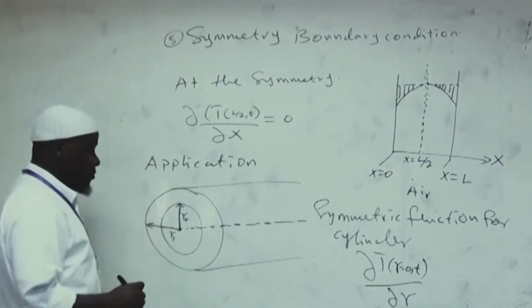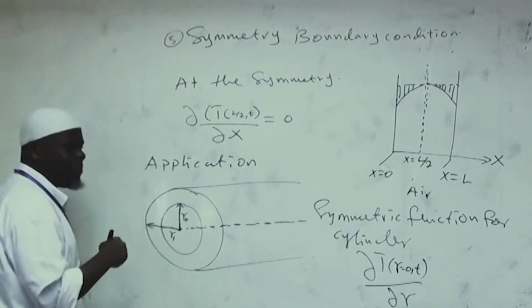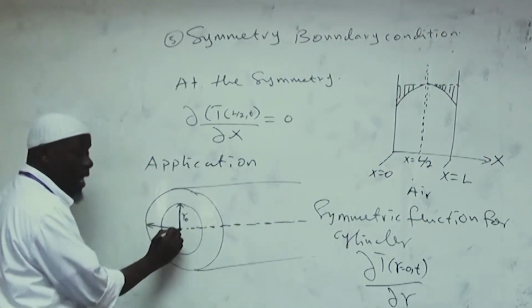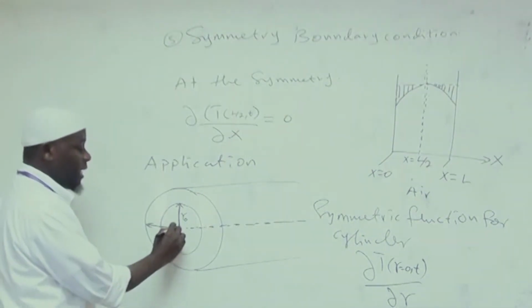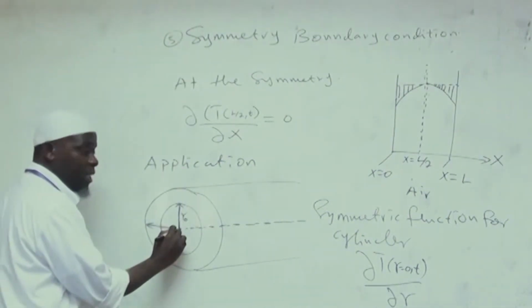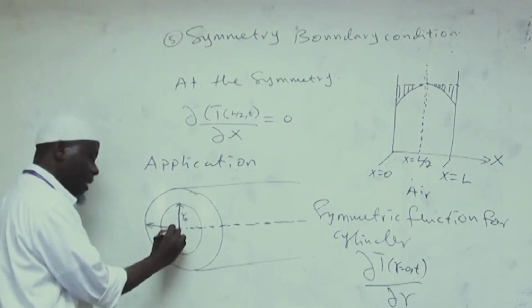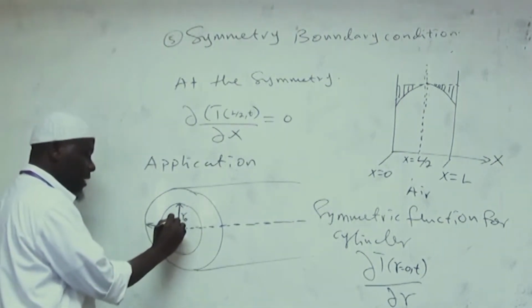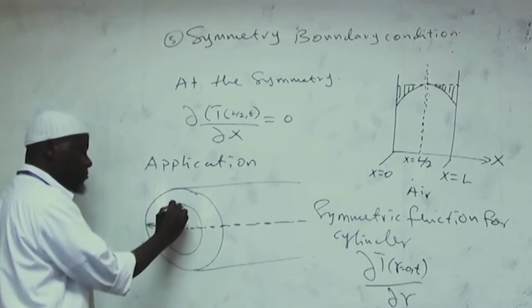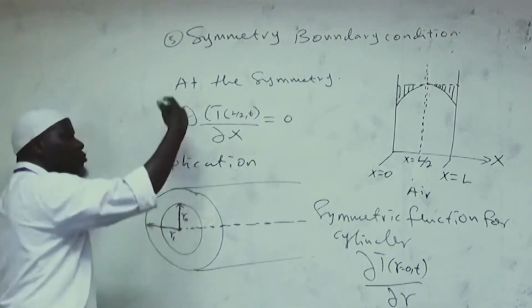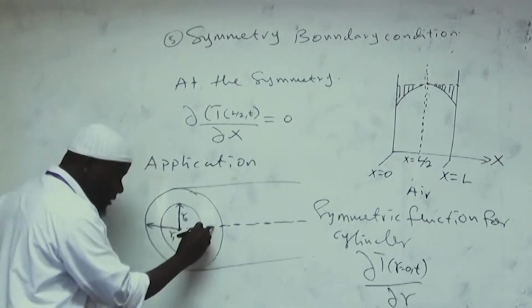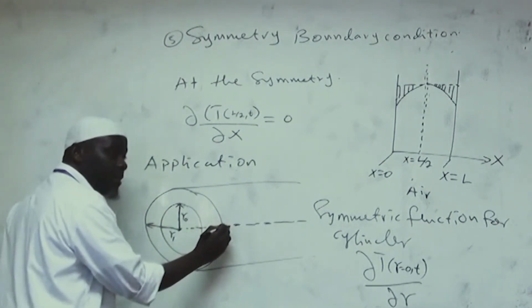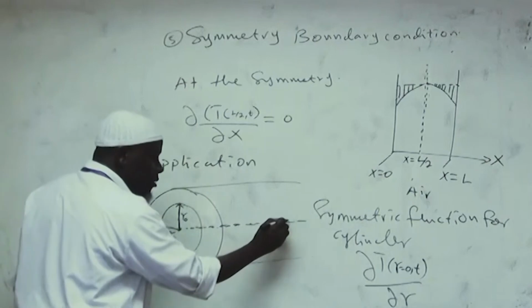You can have a situation where, let's say, you have this to be 100 degrees Celsius. Progressively as you move outwards, the temperature will be decreasing. You can have 100 here, 90 here, 80, 70, and so on until you move to the outer surface of the cylinder. But along this line, it will still be 100. This is 100, this is 100, along this line.